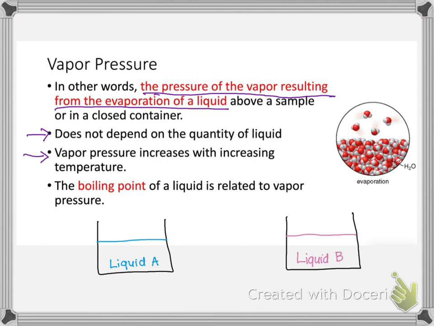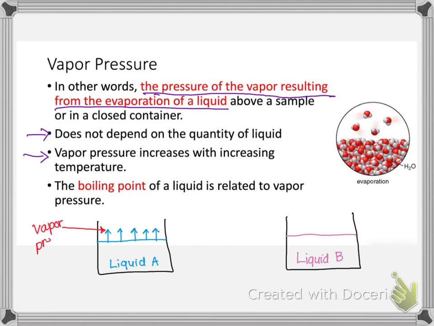So what happens, or how I understand vapor pressure, is the liquid evaporates, and I'm going to draw that as arrows. These are my liquid molecules turning into a vapor. So above here, what's created by the liquid is the vapor pressure.